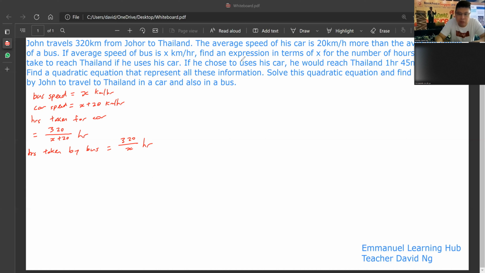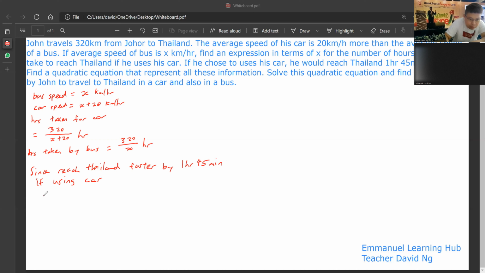Then they say that if he used his car, he reached Thailand faster by 1 hour 45 minutes. So you have this equation now.